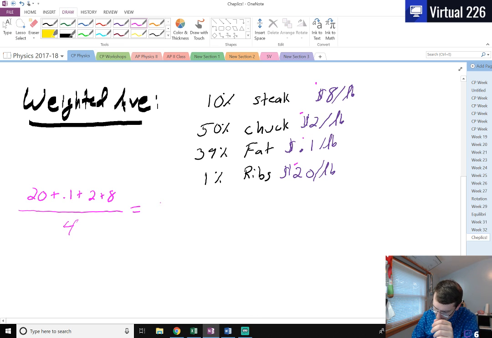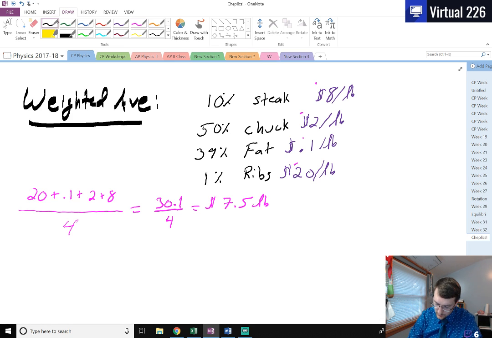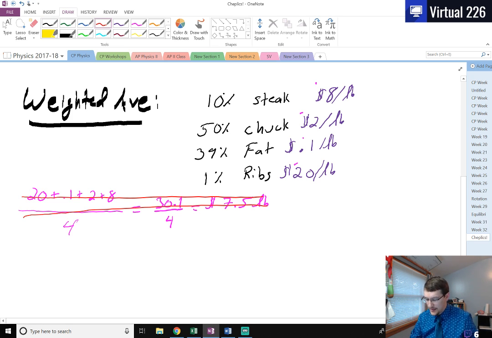And if we did that, we'd get 30.1 divided by 4, which is 7.5, about $7.50 a pound. This is wrong. This right here is not how you do things for a weighted average. So don't do it like that.